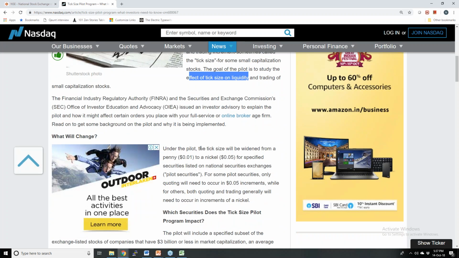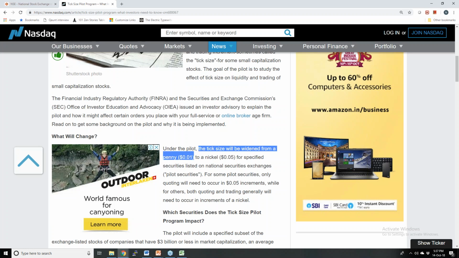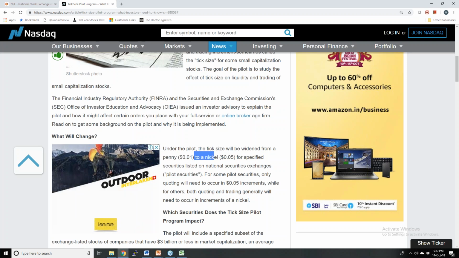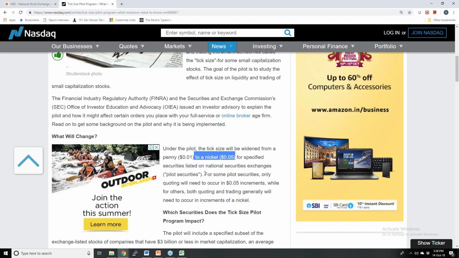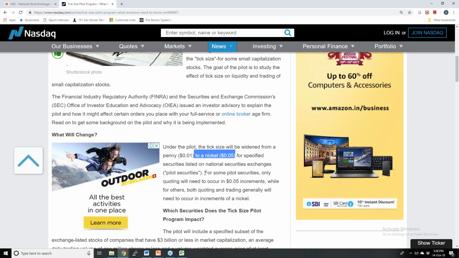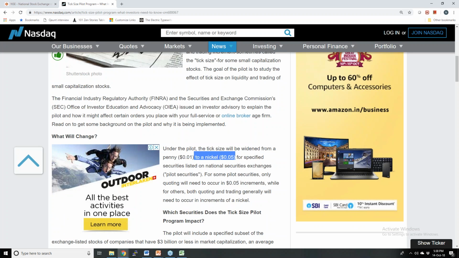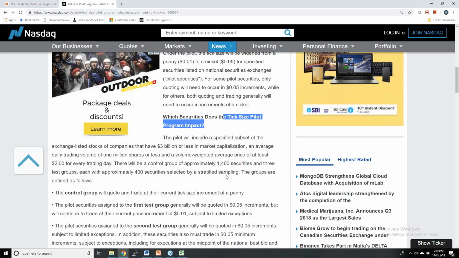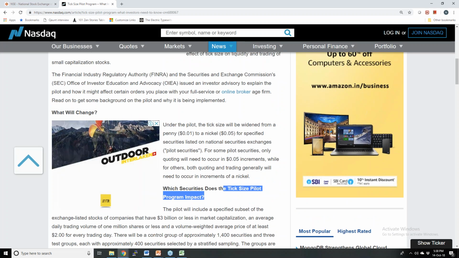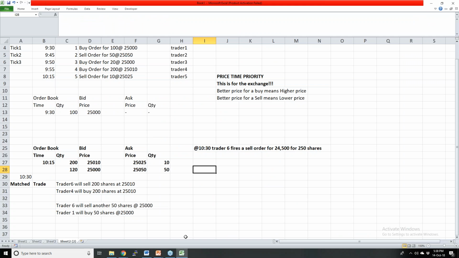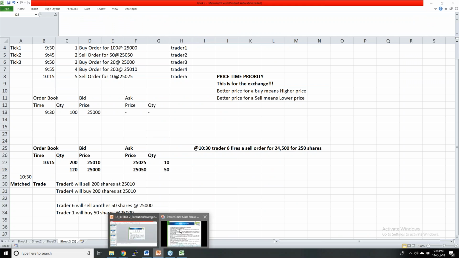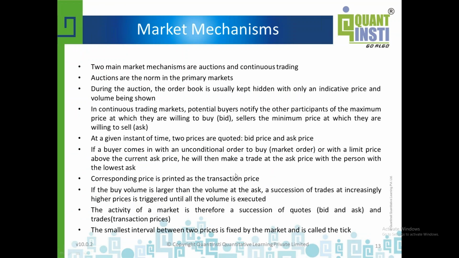Usually the tick size is 1 cent in the US, but for some specified securities they changed the tick size to 5 cents, a nickel, because they wanted to see the impact of tick size on liquidity, trading volumes and so on. So tick size has an effect on volatility, volumes and more. This is what a tick size is.